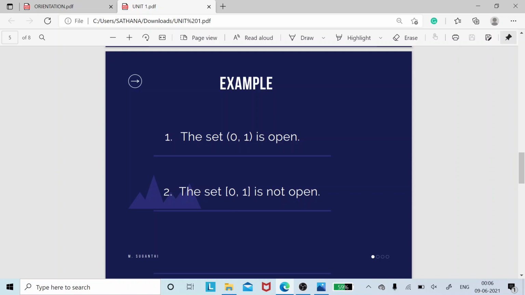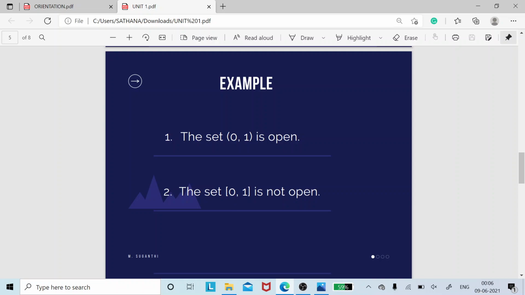Whatever element x you take in between 0 and 1, you can find a delta, as small as needed, so that the segment (x minus delta, x plus delta) is completely lying inside (0, 1). So the set (0, 1) is open.